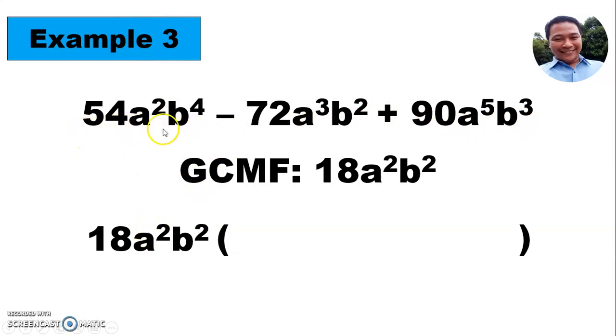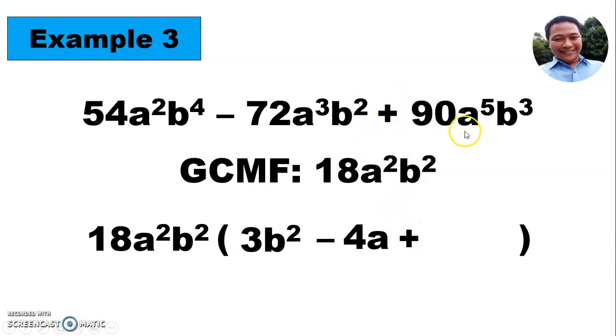54a squared b raised to the 4th power divided by 18a squared b squared is equal to 3b squared. Copy the operation. Minus 72a cubed b squared divided by 18a squared b squared, that is 4a. Copy the operation.